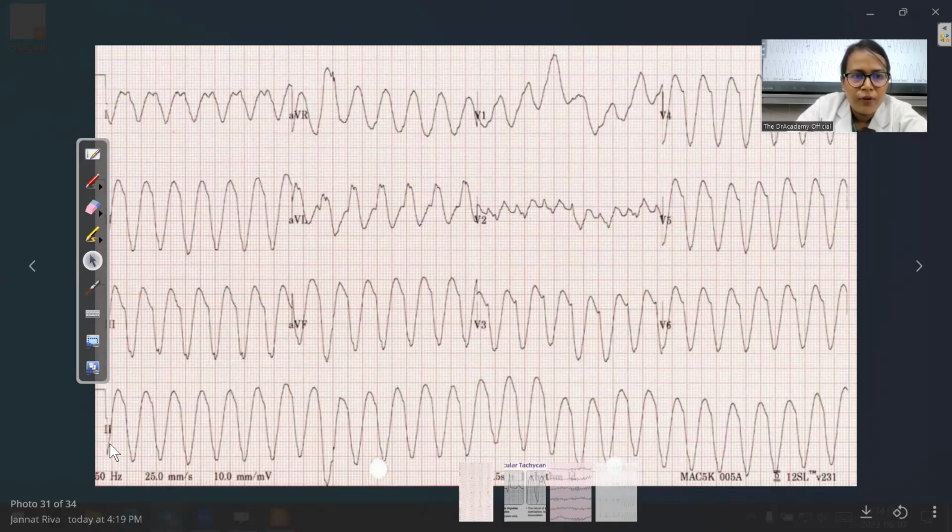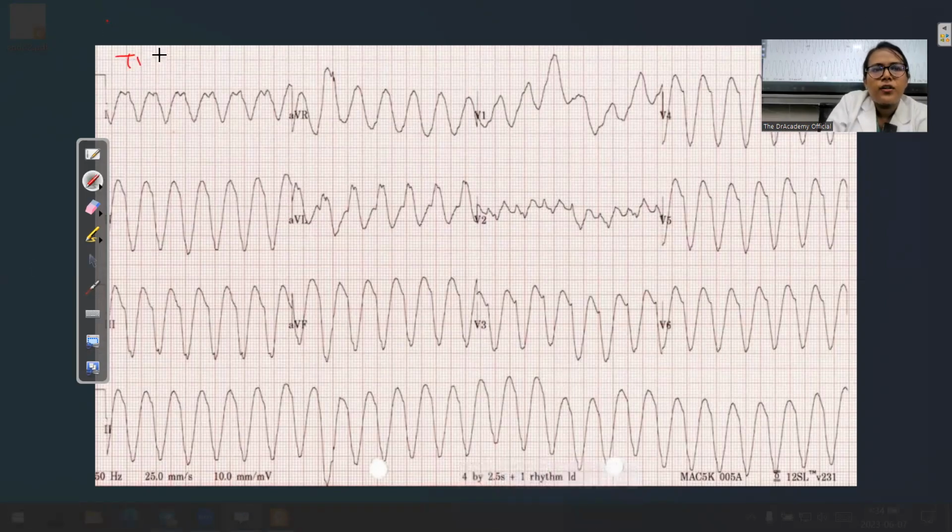Maybe this is the TP segment. What is the TP segment? It is known as the baseline. Any upsloping or downsloping should be measured from the TP segment. So we will look at the rhythm strip.